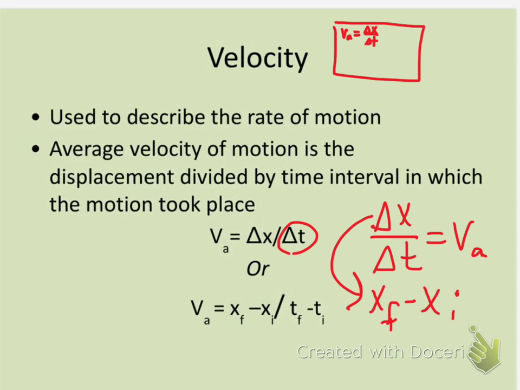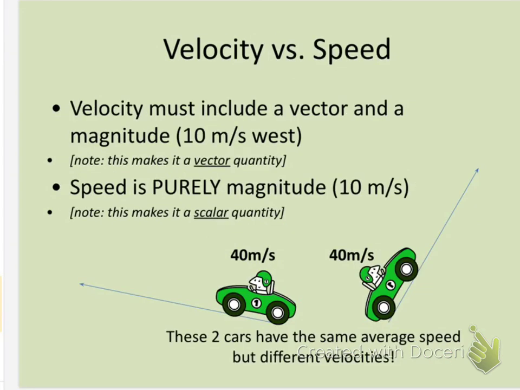We're used to thinking about time as just being at the 5-second mark, and we're used to starting at 0. But remember, you can start measuring from some point other than 0. So delta t is t final minus t initial. That's also equal to average velocity. We're going to use that and manipulate it to get a whole bunch of other equations, which will be lots of fun.